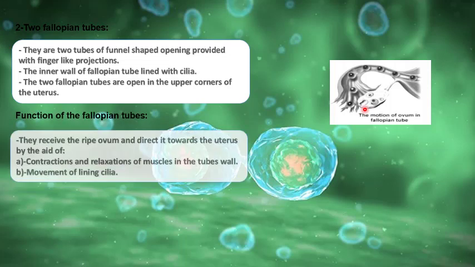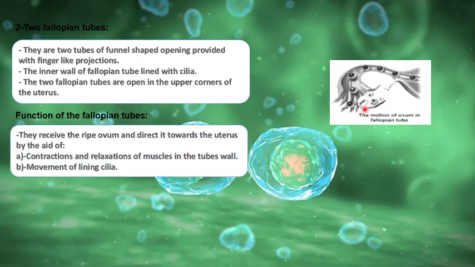Function of the fallopian tubes: Number 1, they receive the ripe ovum and direct it toward the uterus by the aid of contractions and relaxations of muscles in the tube's wall. Number 2, movement of lining cilia.